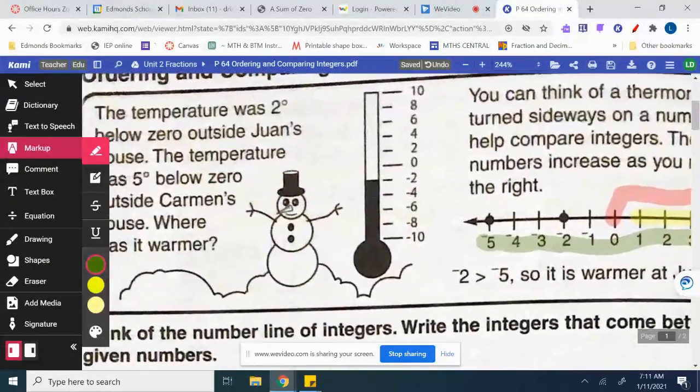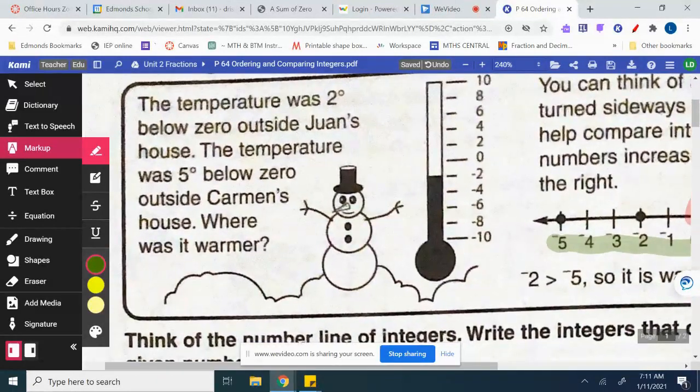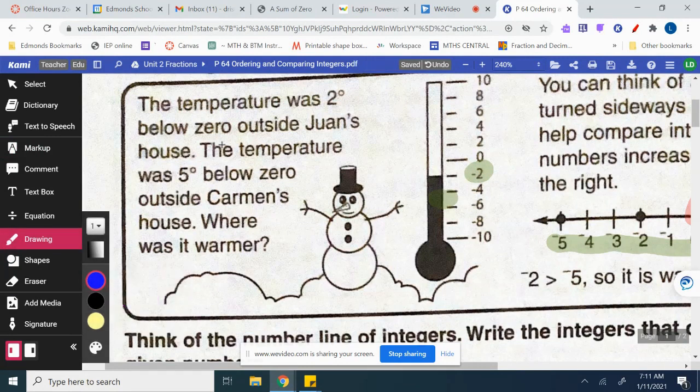The temperature was 2 degrees below 0. So that means we're down in this world right here. So cold. Outside Juan's house, the temperature was 5 degrees below 0. At Cameron's house, so Cameron is sitting right here. Let's use a pen. Was sitting right here.